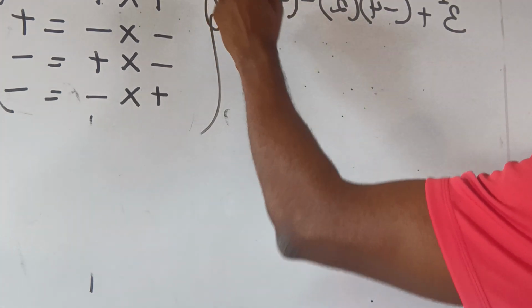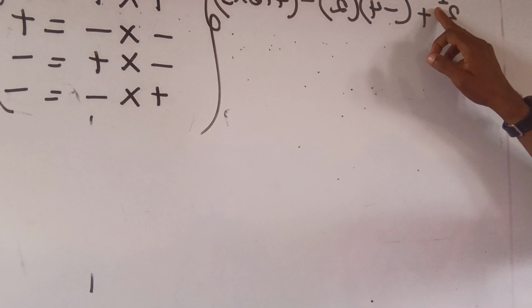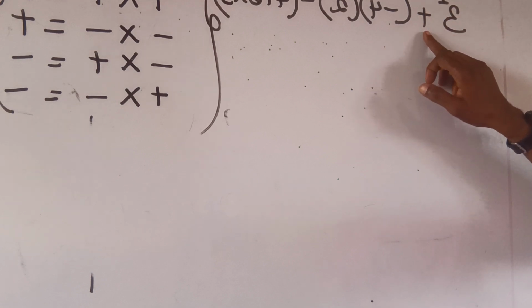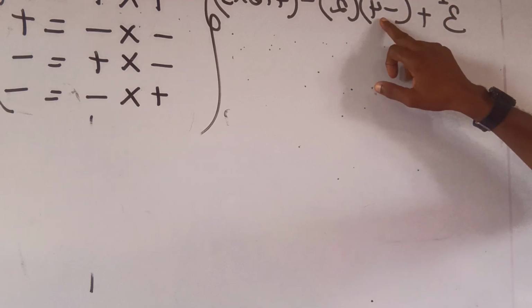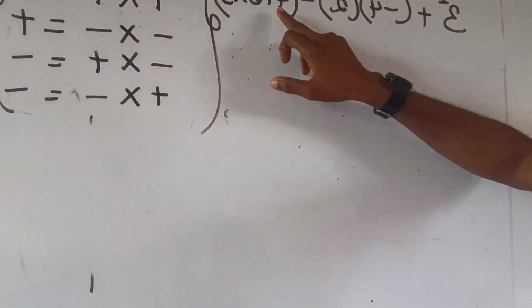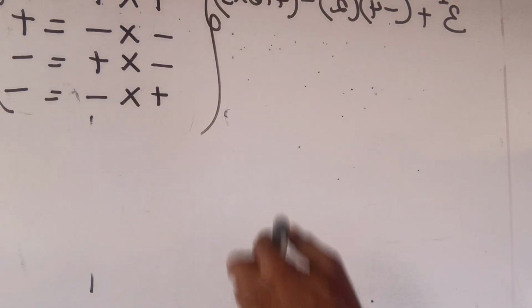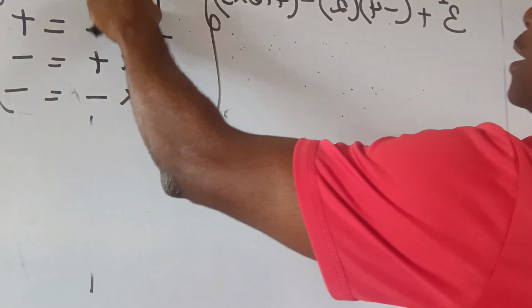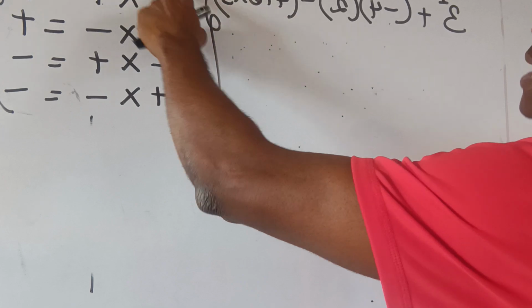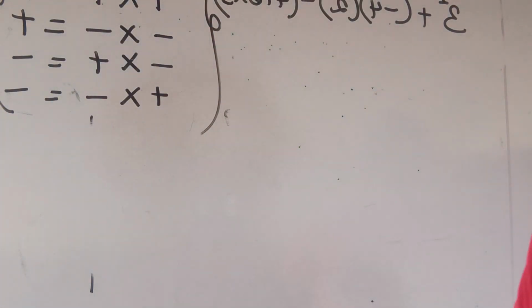So we have been asked to evaluate this. Evaluate 3 squared plus minus 4 in brackets, then 2 in brackets, minus 4 plus 2 times 3. Don't forget, BODMAS. Apart from clearing the brackets, multiplication comes before addition and subtraction.